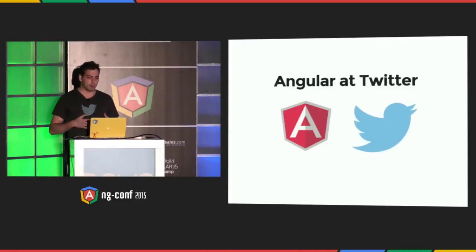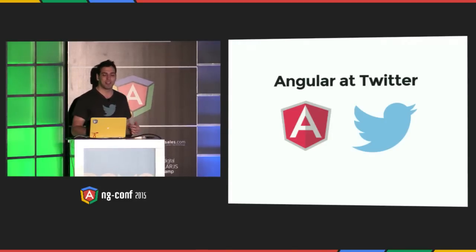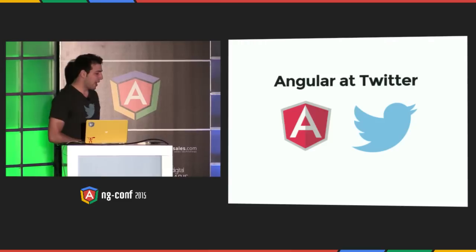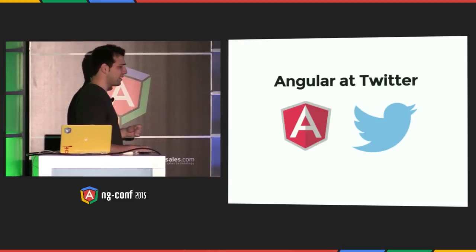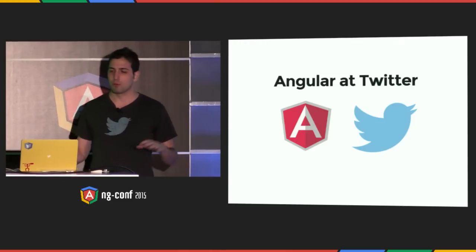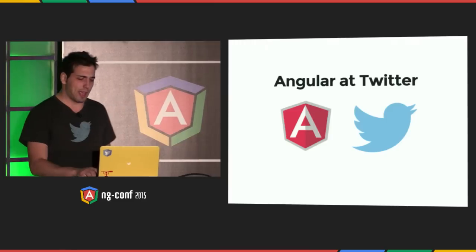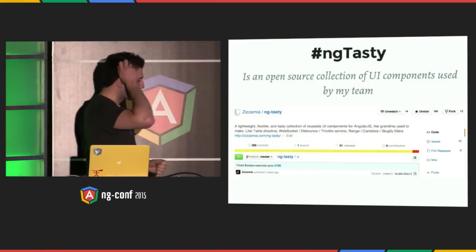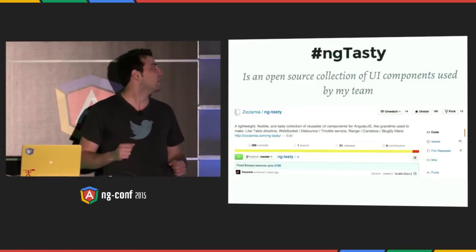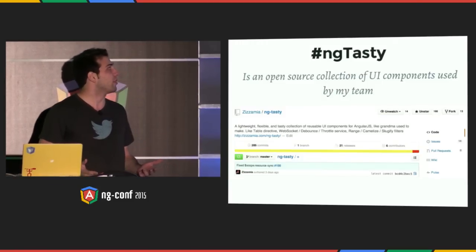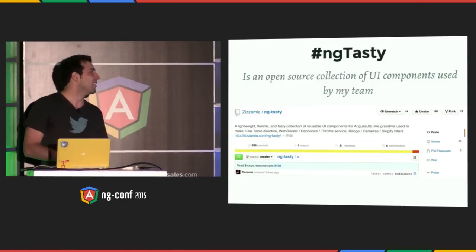I work at Twitter. We do a lot of stuff with Angular, especially for internal tools. And recently, every team has a custom solution, we just build different shared components. And in September, I started writing this collection of UI components named ngTasty.